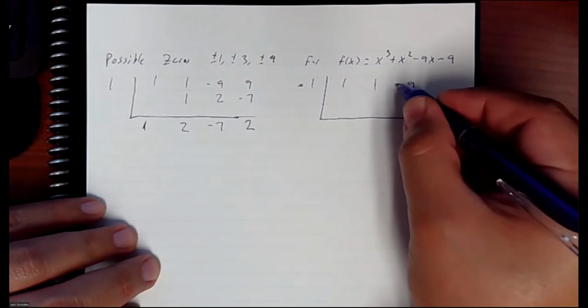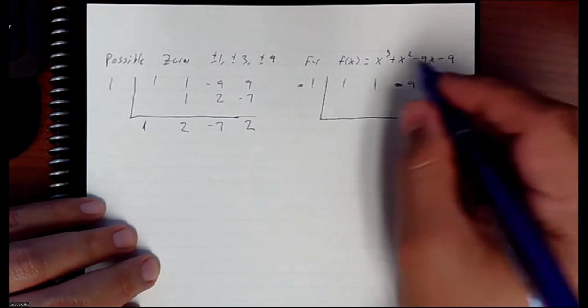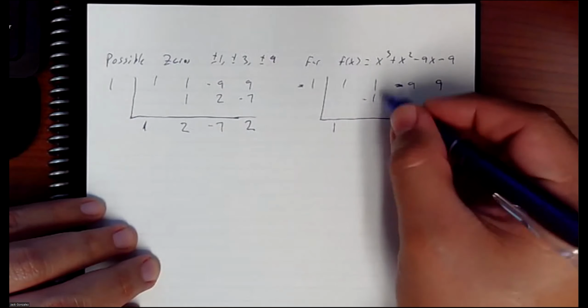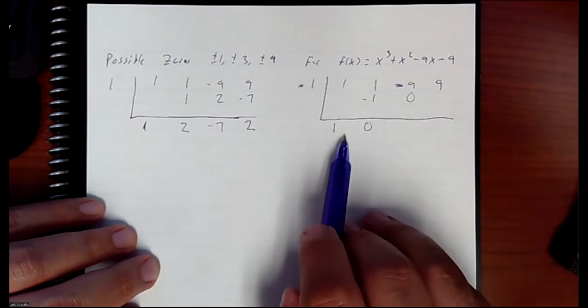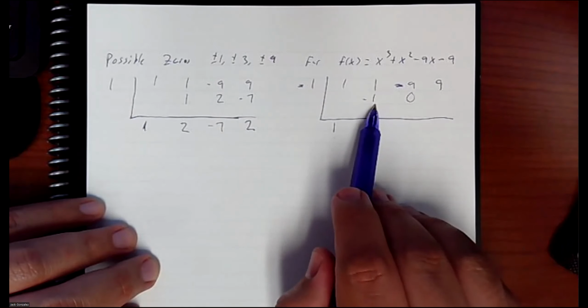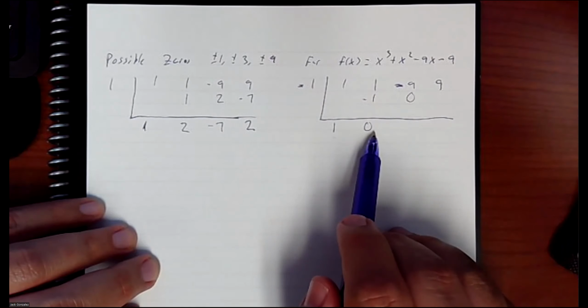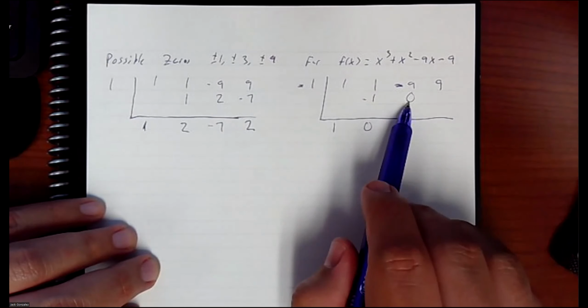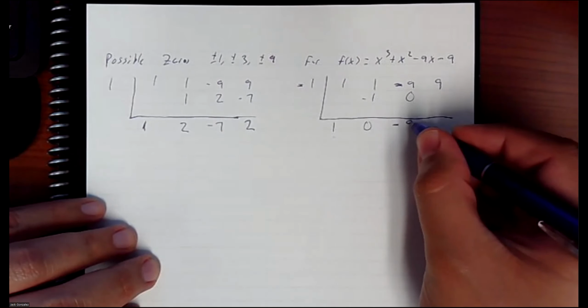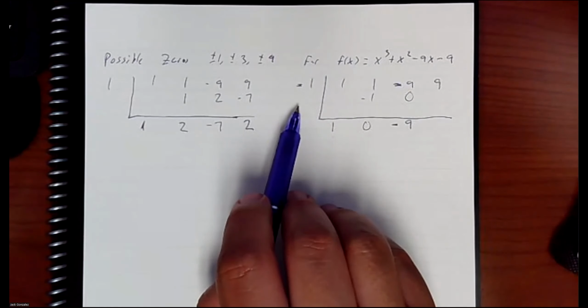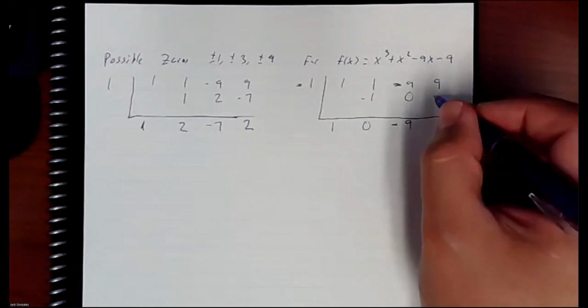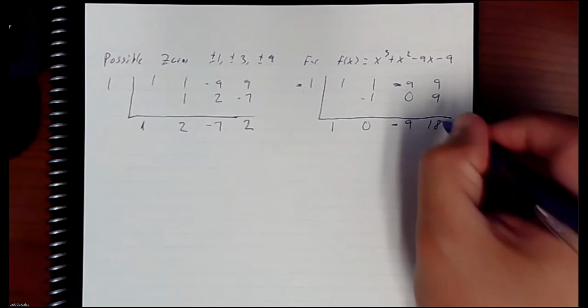Let's try negative 1. So bring down the 1. Negative 1 times 1 is negative 1. 1 minus 1 is 0. Negative 1 times 0 is 0. Negative 9 plus 0 is negative 9. Negative 1 times negative 9 is positive. Oh, I thought we almost had it there.